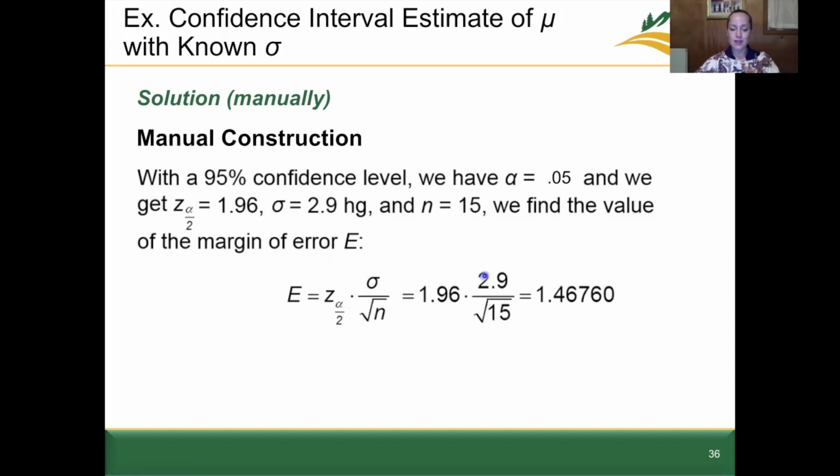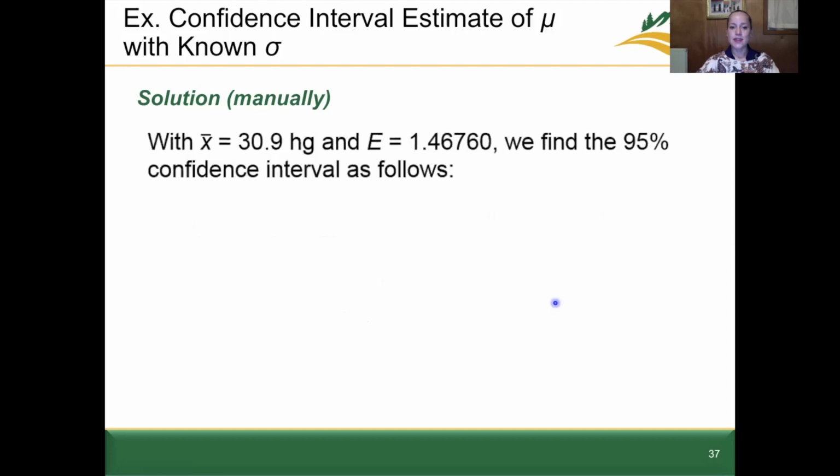That was given to us in the problem. Then we take the square root of n, so that's 15 different baby weights. Again, you can either use that new function in Excel to find E or do this manually. So we find an E value of 1.46760.